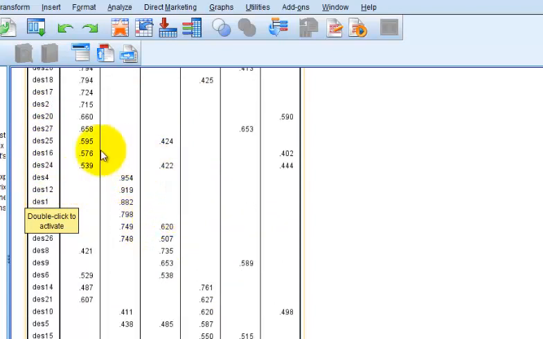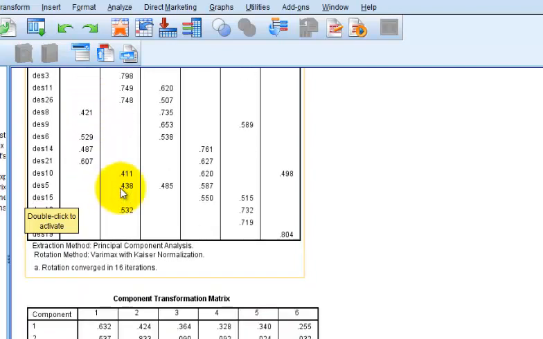So when you have something that's double, like DES 25, it kind of loads up under factor 1 and factor 3. That's problematic. That means you got overlap, which you do not want. But the general rule of thumb, again, is whatever the bigger number is, the biggest positive number, that's the factor it should go on. Okay, so that's how we split this up here.